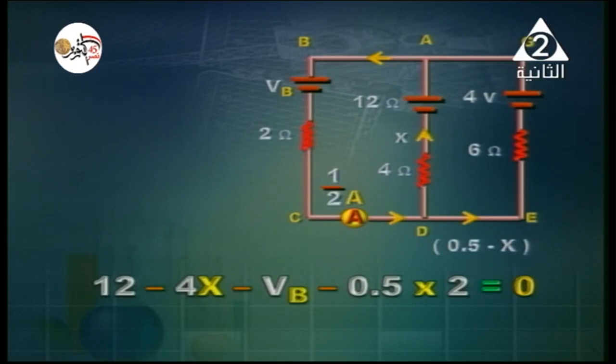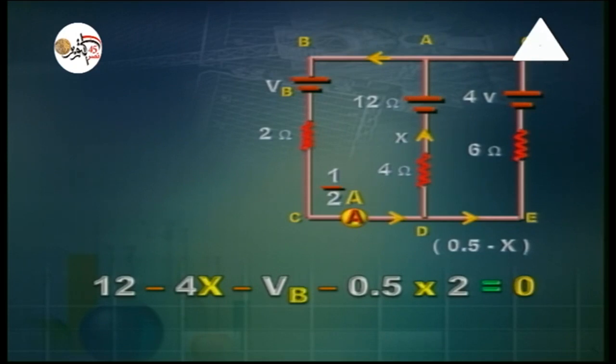So 12 minus 4x minus VB. And there's something very important I should mention here. As I said, the current read by the ammeter is half ampere. So let a portion of it equal x pass through the 4 ohm resistor.